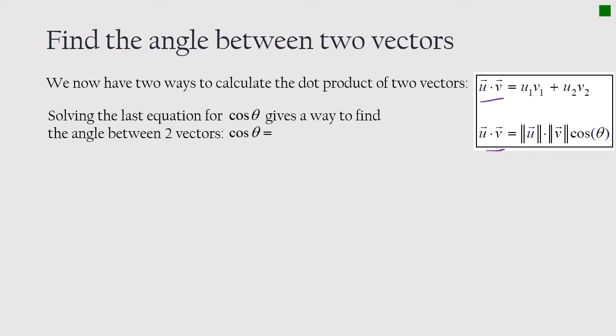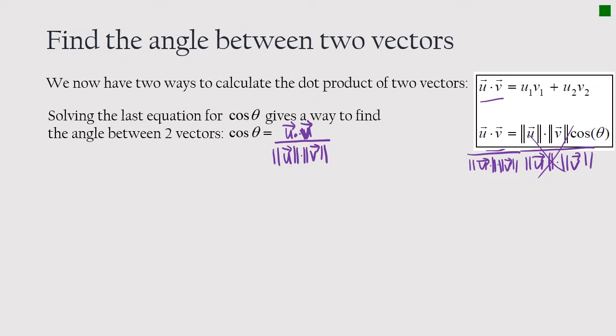So solving the last equation for cosine of theta gives us a way to find the angle between two vectors. When you solve this for theta, you divide both sides by the magnitude of u times the magnitude of v, and you're left with cosine of theta equals the dot product of vector u and vector v divided by the magnitude of u and v multiplied together.